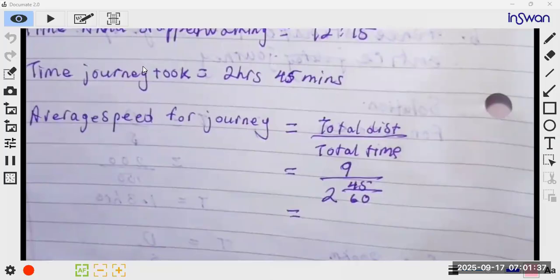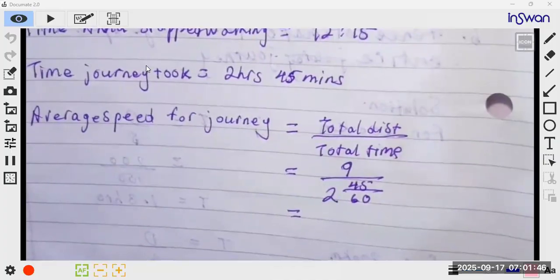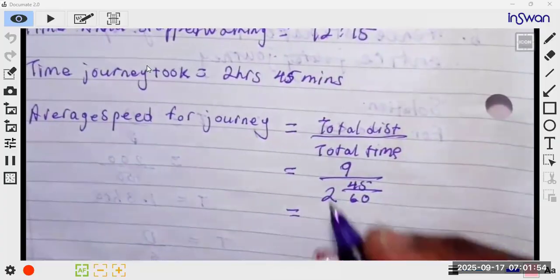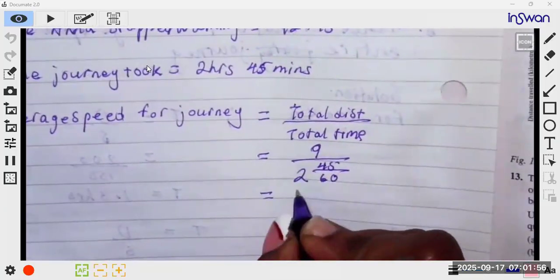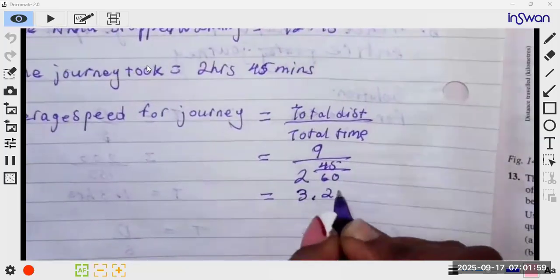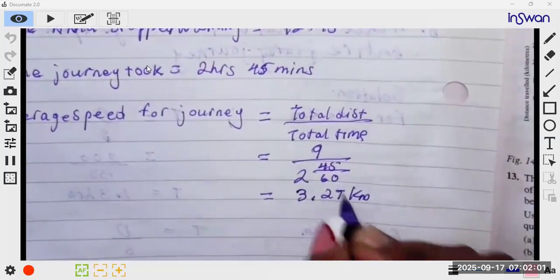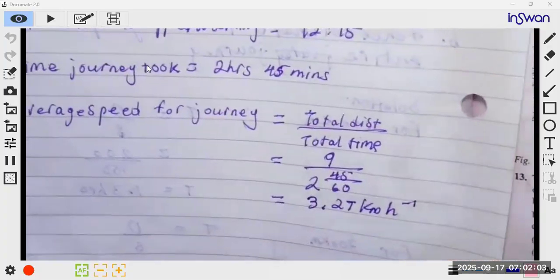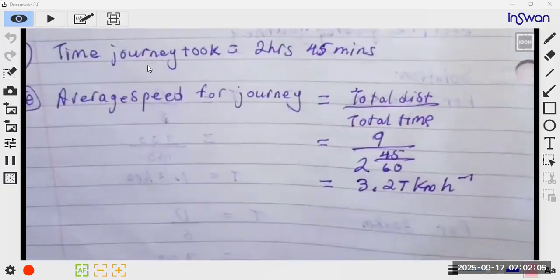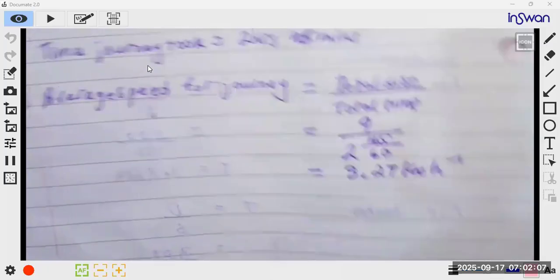You'll get that? 3.27. It'll be 3.27, 27, 27, recurring. But let's round it off to 2 decimal places. So it'll be 3.27 kilometers per hour. All right? Understand? Yes or no? Yes, miss. Very good.